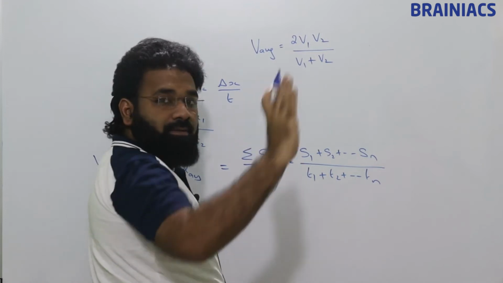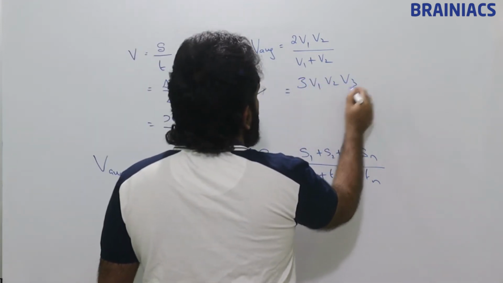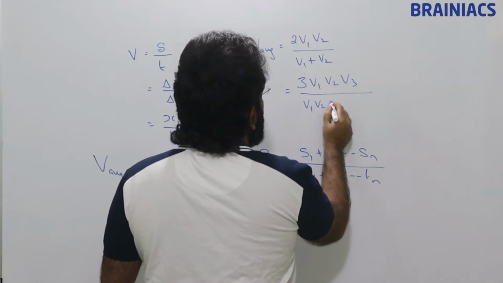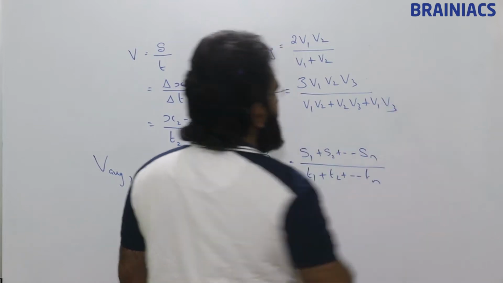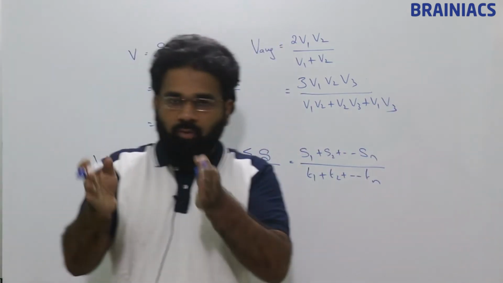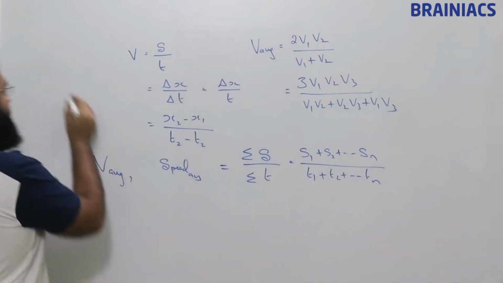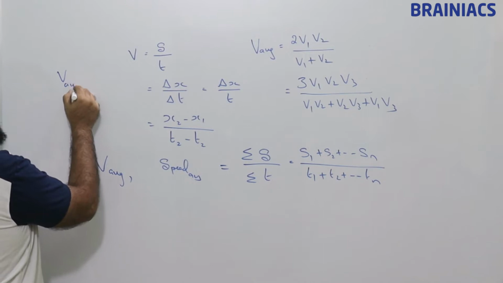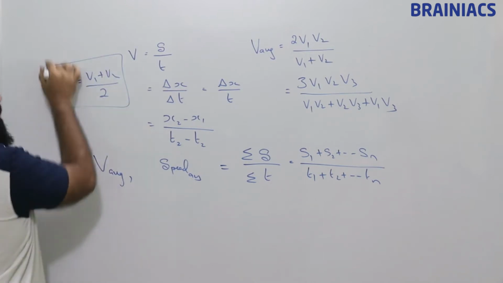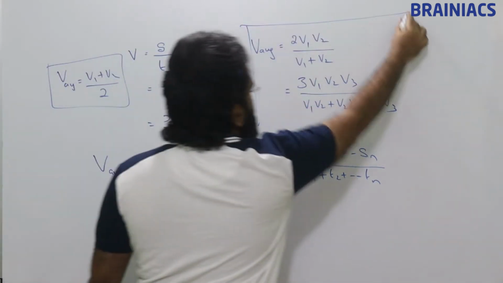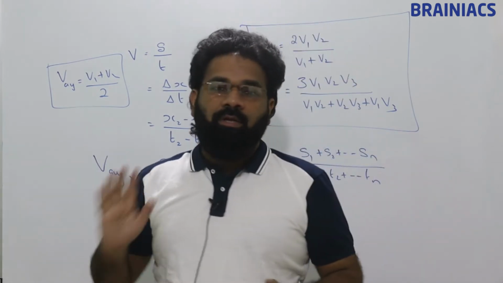If three distance intervals are given, 3v1 v2 v3 divided by v1 v2 plus v2 v3 plus v1 v3. If two same time intervals are given, then v average is equal to v1 plus v2 by 2. All these shortcut formulas, we have done enough problems also.